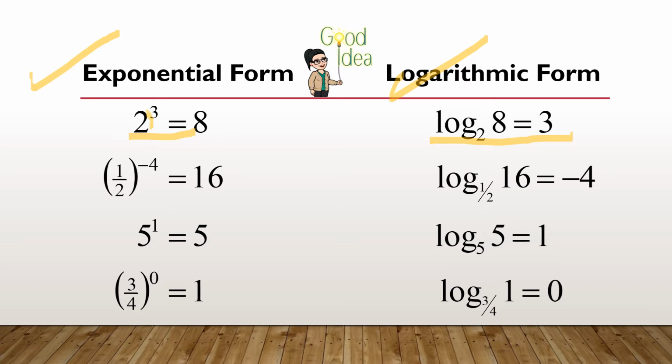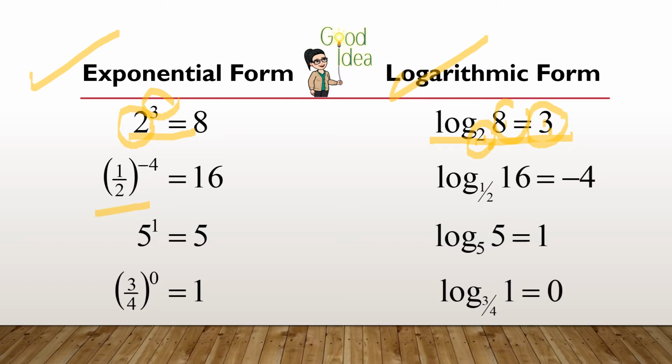Here 2 is the base, in logarithm 2 is the base also. 3 is the exponent, so here 3 is the logarithm, and 8 is the result. The answer here at the right becomes the exponent. So 2 cubed is equal to 8, like here in exponential form.